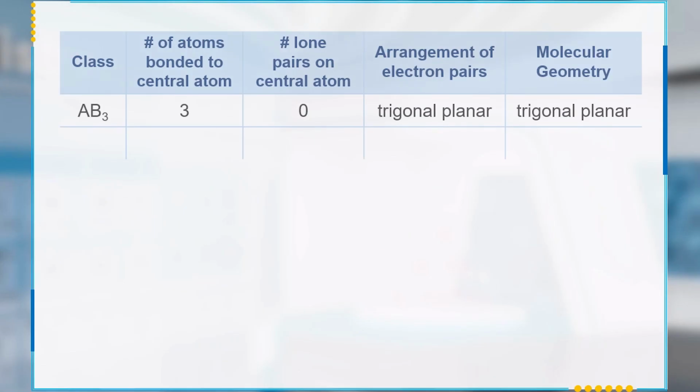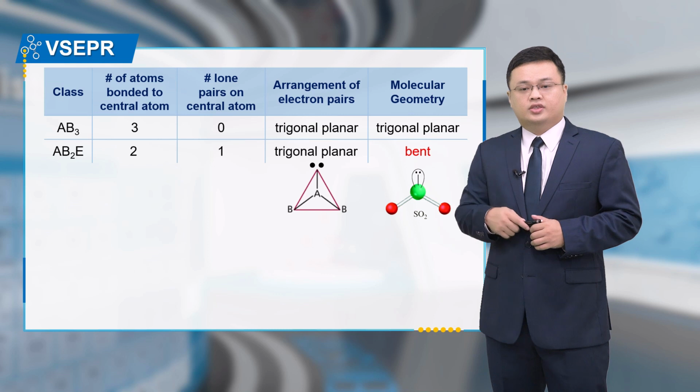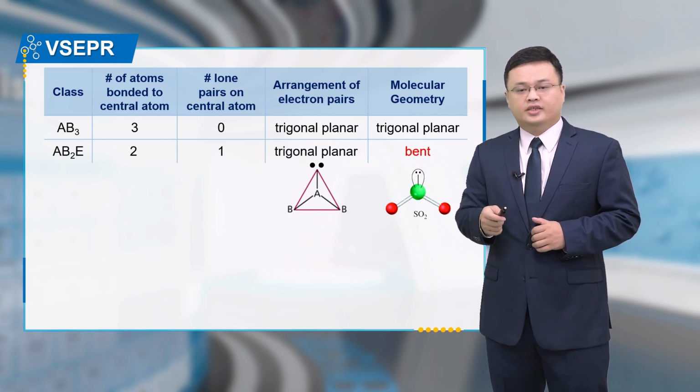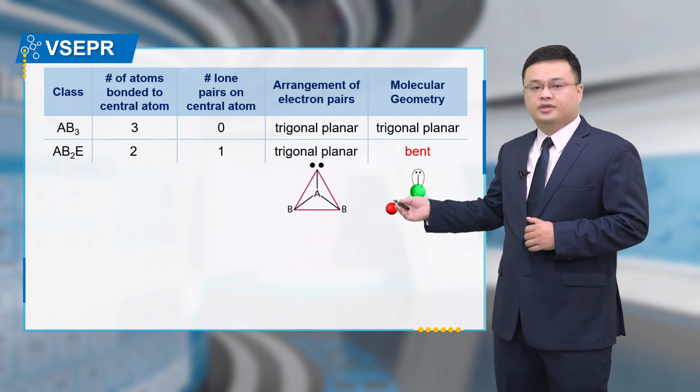Similar to AB3, the AB2E also possesses a trigonal planar arrangement of electron pairs, but its molecule geometry is bent. Like sulfur dioxide, the lone electron pair forces the two oxygens to bend over from a linear geometry.